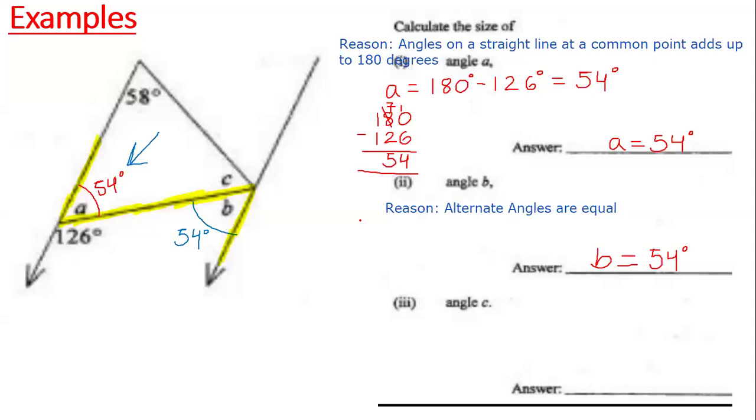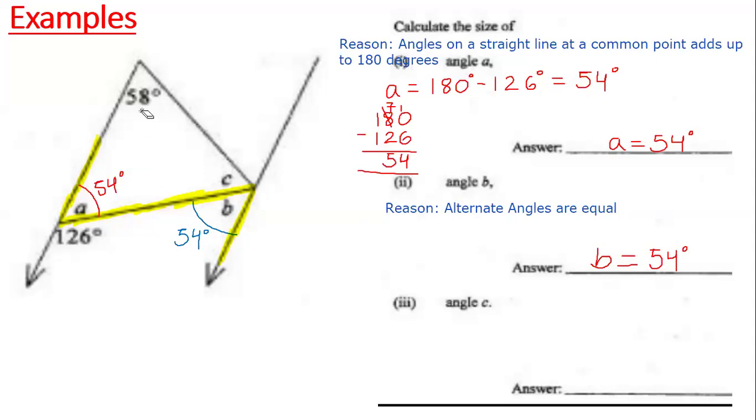Okay. Now we need C. How are we gonna get C? I get 68. How are we gonna get C? Add 58 and 54 and subtract that from 180, which would equal 68.